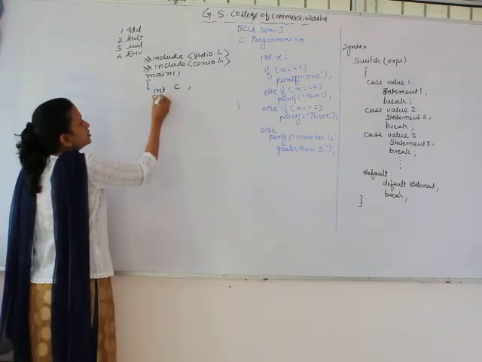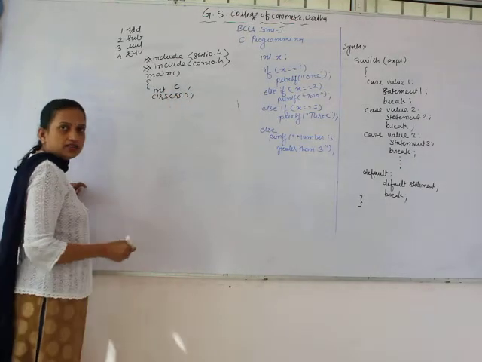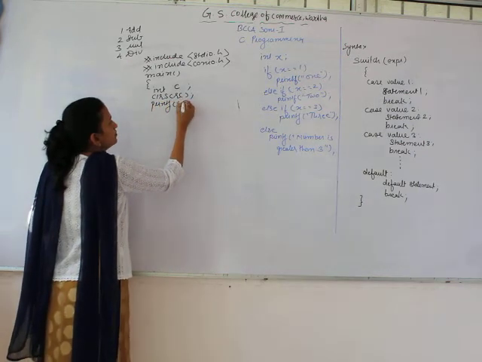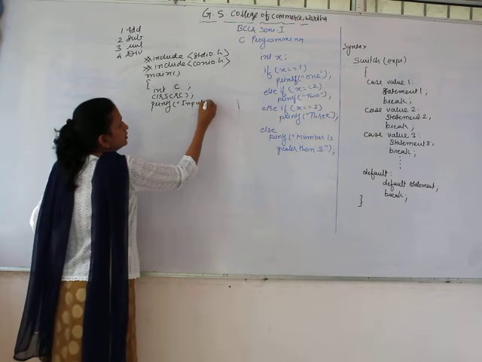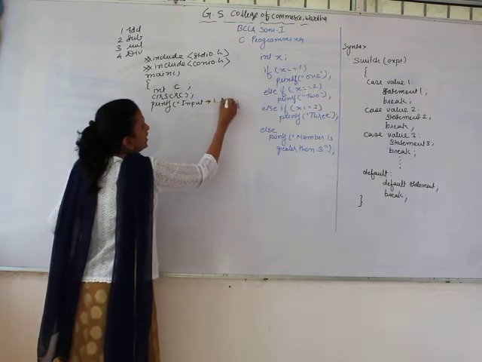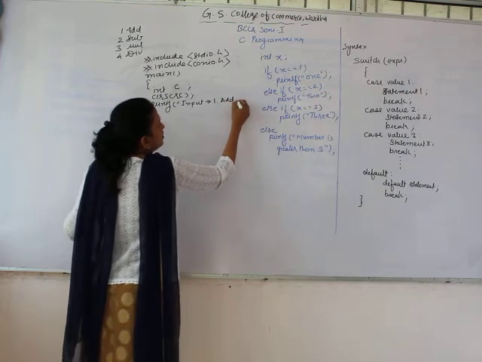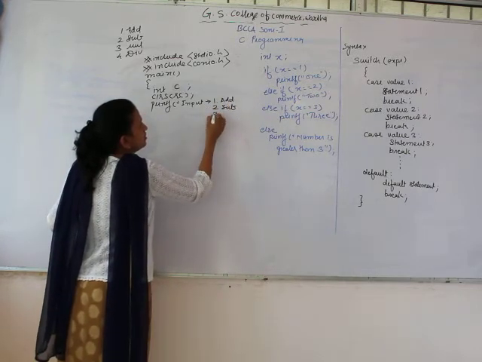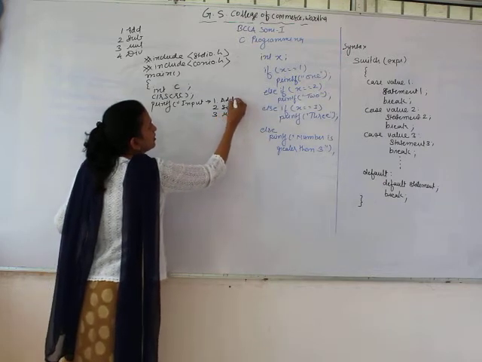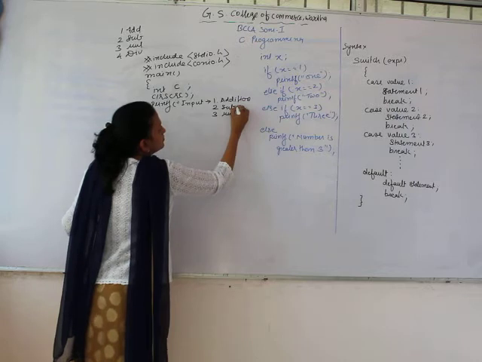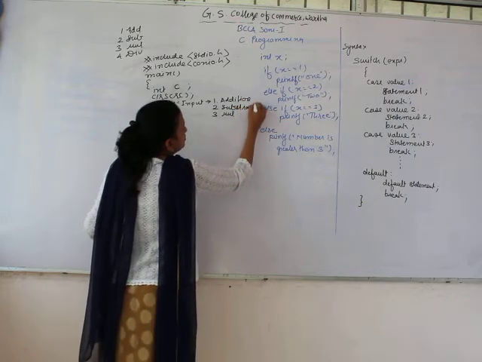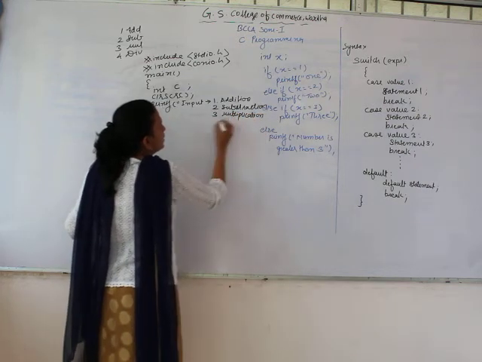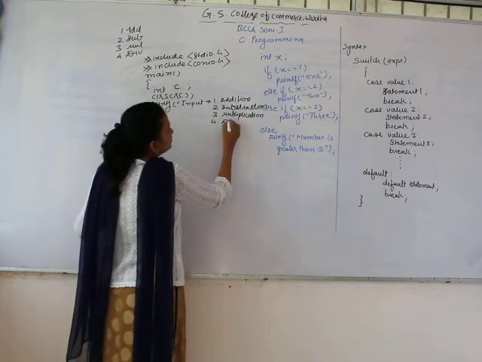After every declaration we always add clrscr to clear the screen, and here I am going to print one statement: input 1 is for addition, 2 is for subtraction, 3 is for multiplication, and 4 is for division.